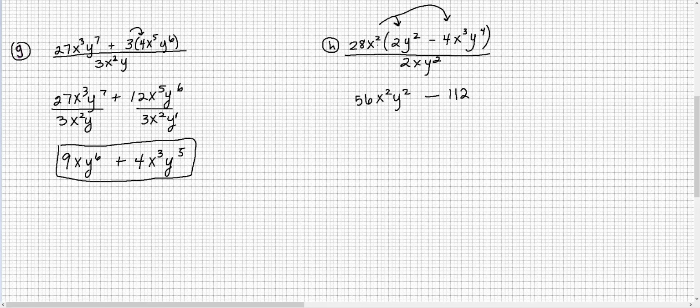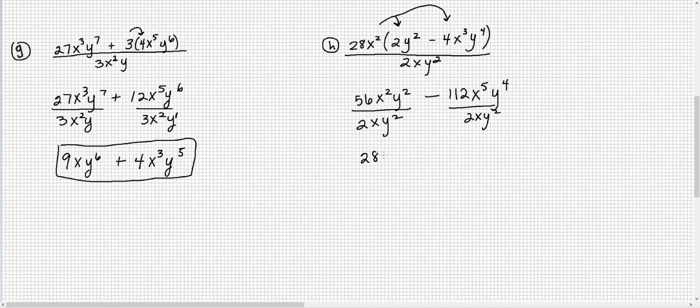And you have 2 x's and 3 x's. So that's x to the 5th. When you multiply, you add the exponents. So x to the 5th, y to the 4th. And it's monomial division. So both of these are going to be divided by 2xy squared. So 56 divided by 2, it's going to be 28.